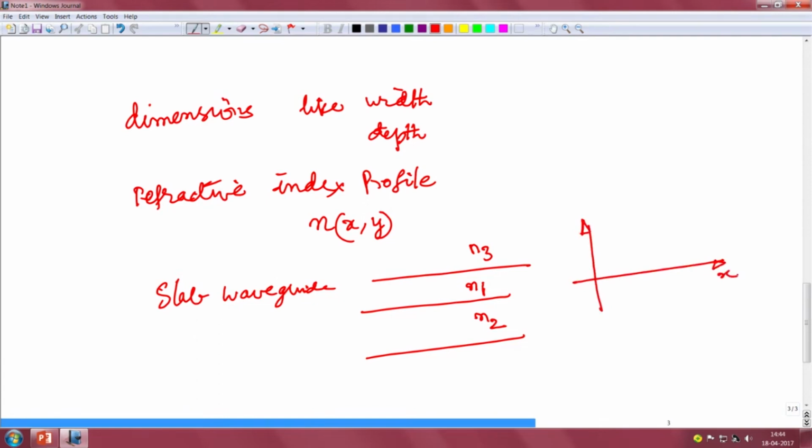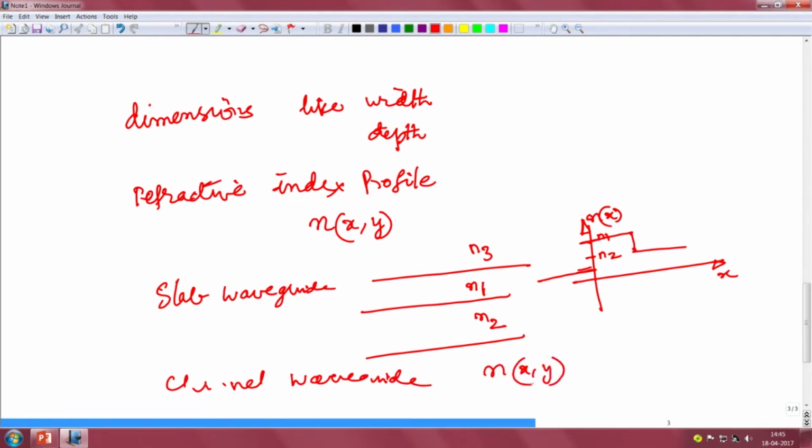If this is the x axis, this is n as a function of x, and it has a refractive index of n1 in the guiding region and n2 in the substrate region and n3 outside, the refractive index profile looks something like this. So, refractive index profile is the variation of the refractive index with dimensions. In the case of a channel waveguide, we can represent the refractive index n in terms of 2 coordinate variables. So, this is a transverse cross section that I have shown.